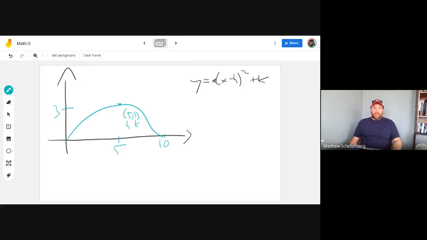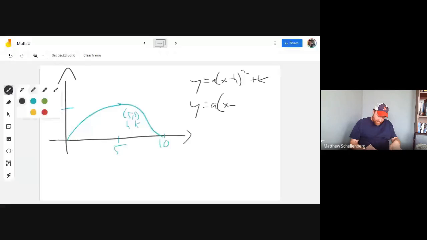So the first thing I'm going to do is plug that in for the h, k, and then I just need to find the a value. So let's do that. So we have y equals a times x minus h, which is 5, squared plus k, which is 3.